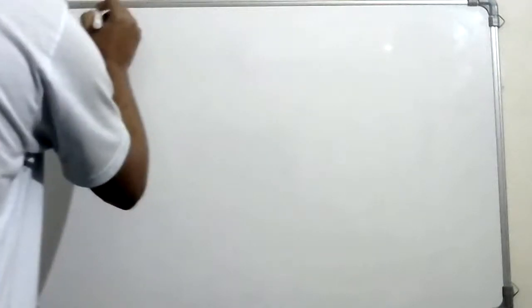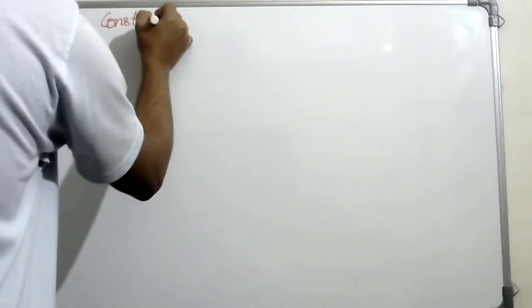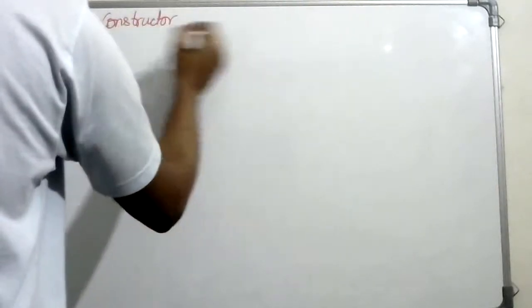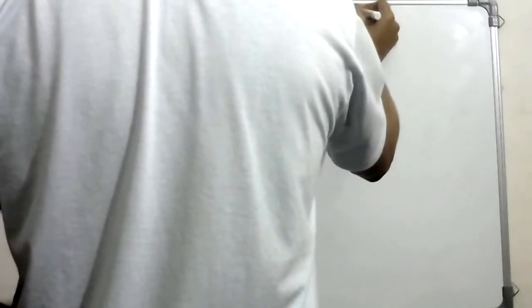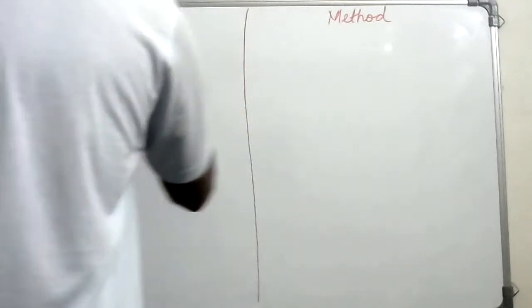Now let's just quickly take a look at the differences between a constructor and method. We have already discussed this, but let's see in the form of a table. On the left hand side we have constructors, on the right hand side we have methods.